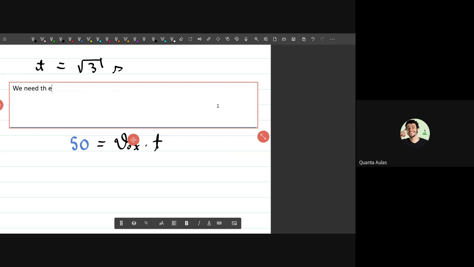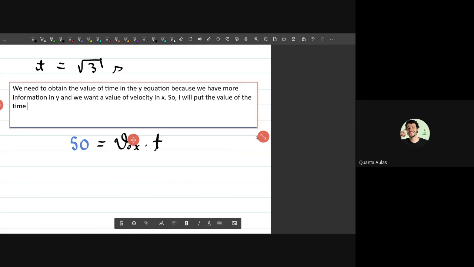We need to obtain the value of time in the y equation because we have more information in y, and we want a value of velocity in x, because the initial velocity is only in x. Okay, so I will put the value of the time in the x equation now.